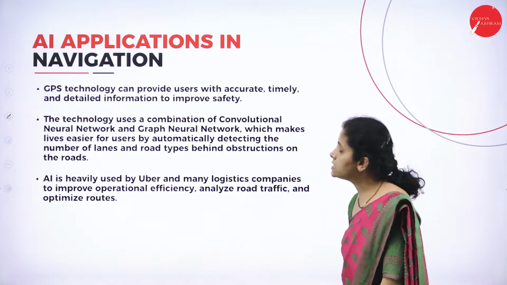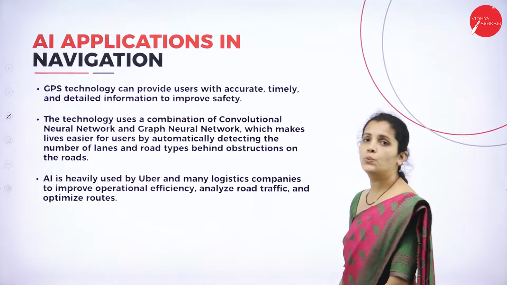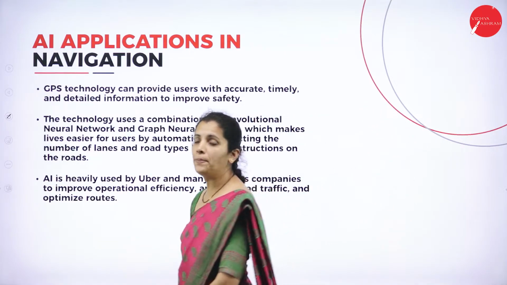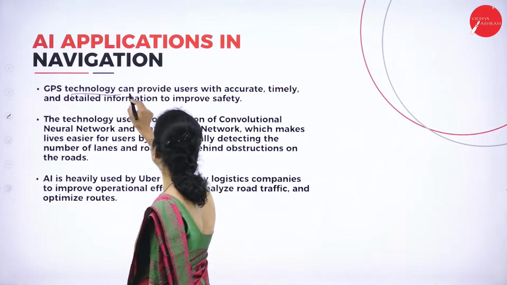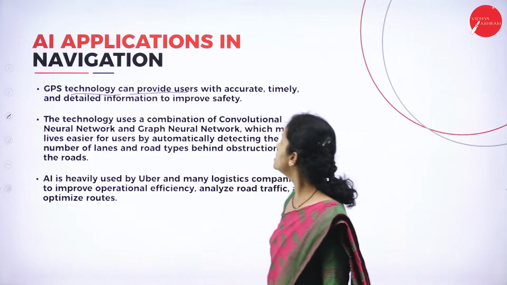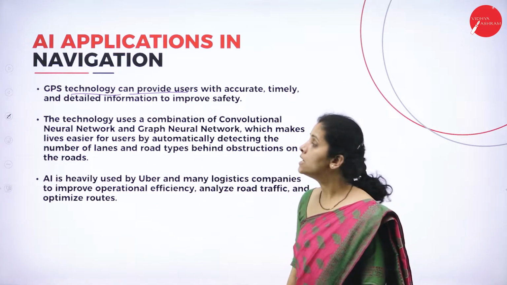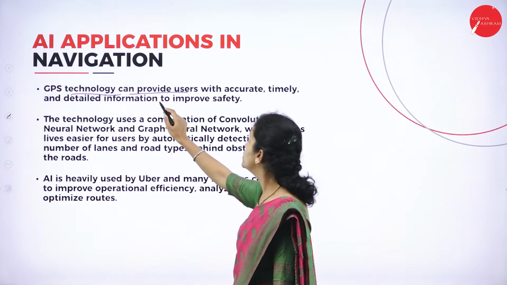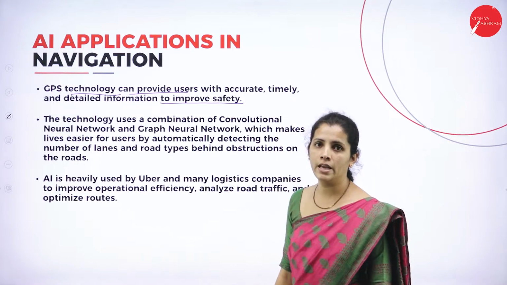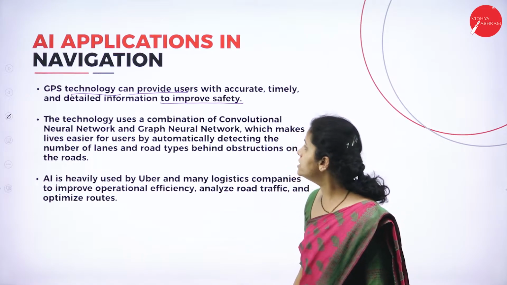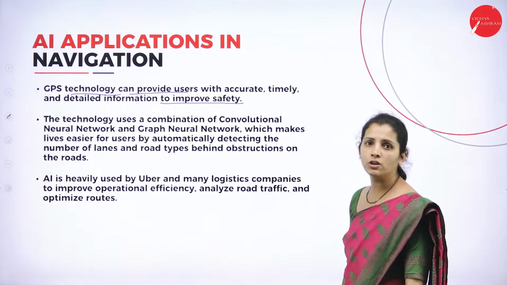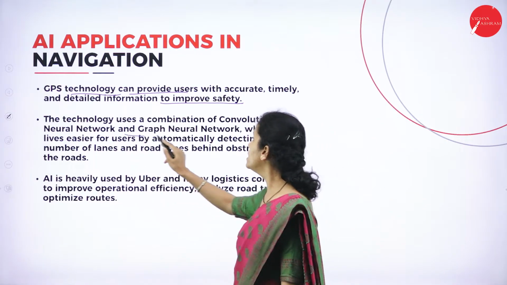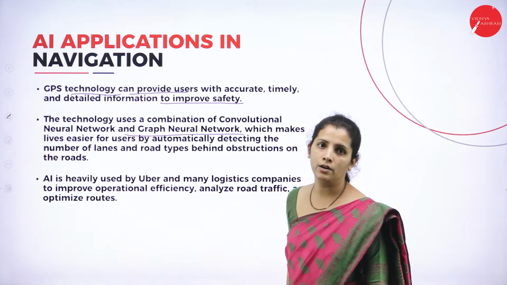And the next application is with respect to navigation. So our GPS technology can provide users with accurate, timely and detailed information to improve safety. And the technology uses a combination of convolutional neural network and graph neural network.